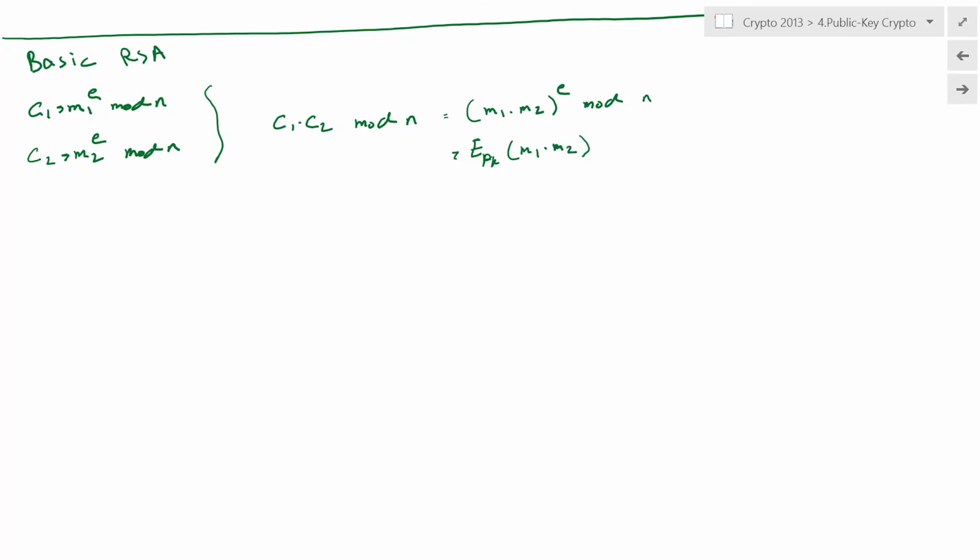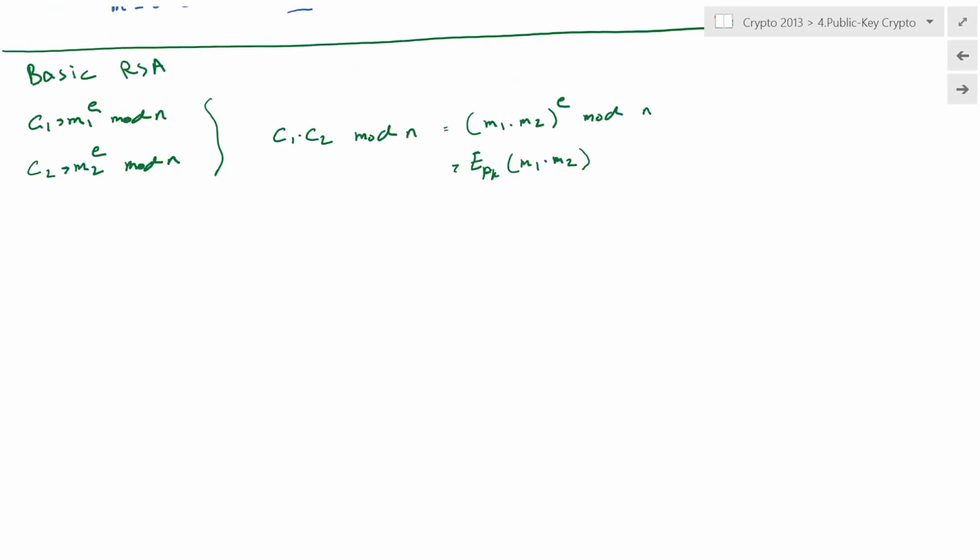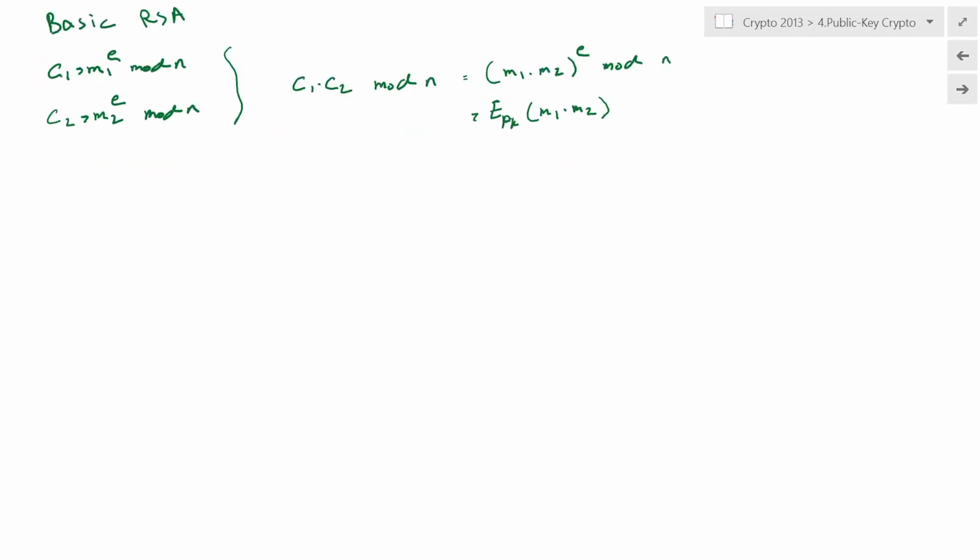That was the property we got, and we said we can do privacy preserving computation.